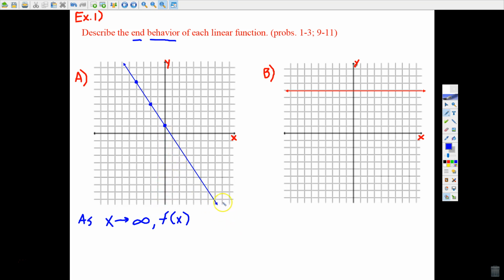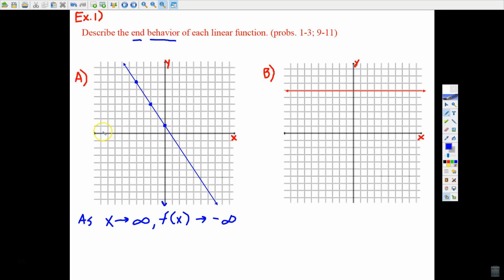Can you see that? So as x approaches positive infinity, f of x approaches negative infinity. For the y-axis, negative infinity is going this way. So we've taken care of the right end.